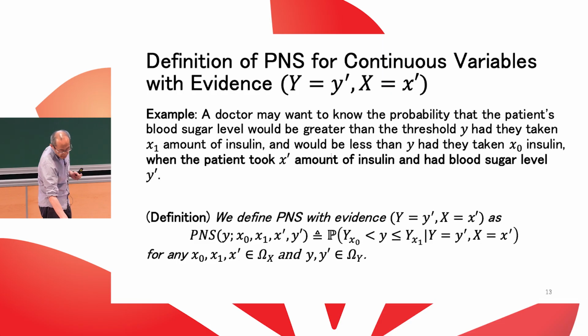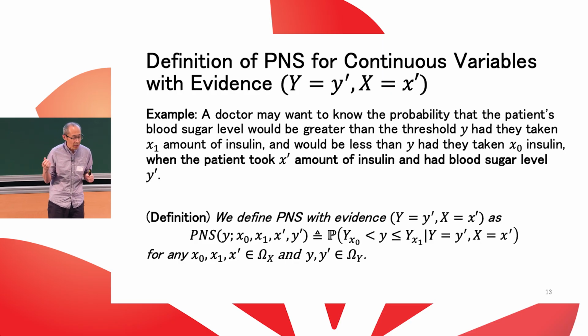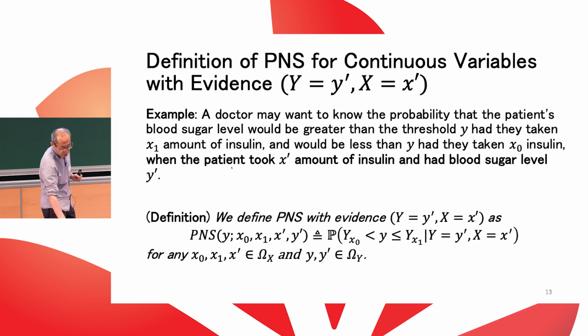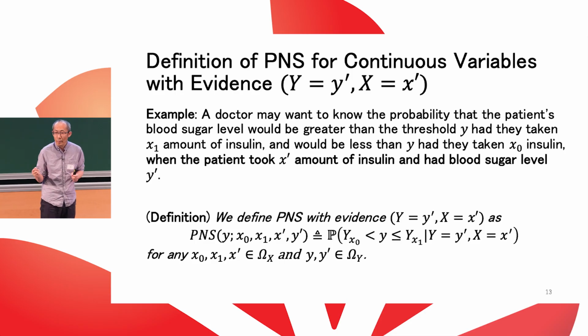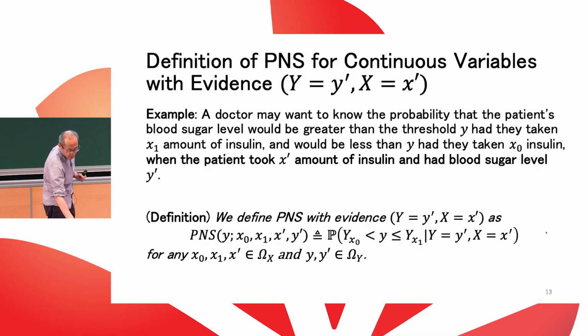For the insulin example, we can define the PNS for a particular subpopulation: those patients who have taken the drug amount x prime and currently have blood sugar level y prime. We condition on this, which we call evidence.